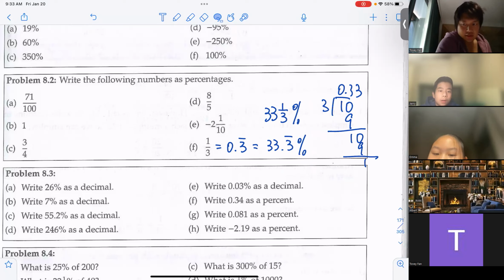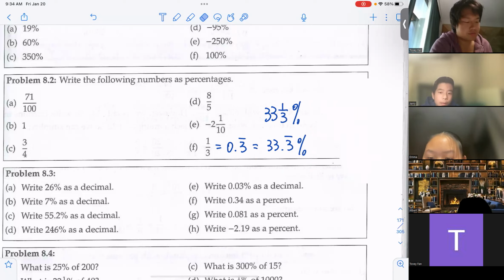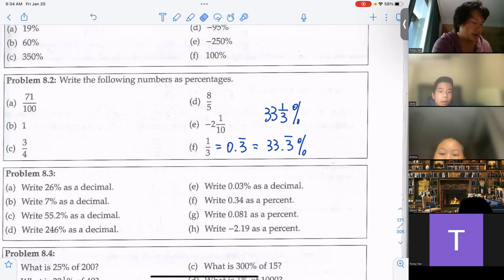Okay, Emma, make sense? So for fractions, we always convert them into decimals and then move the decimal point 2 places to the right, to convert the number into a percent.